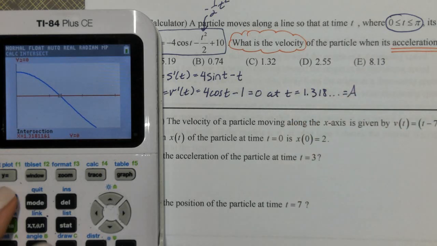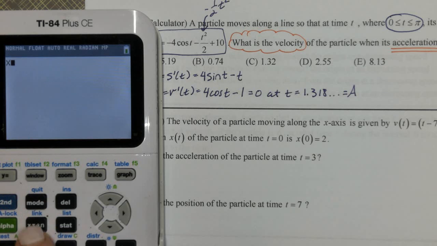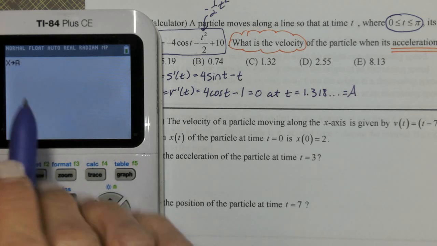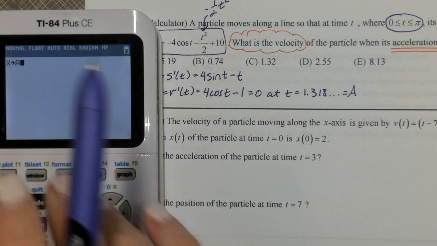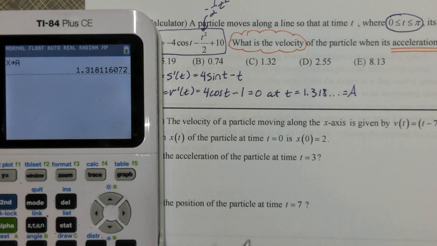So I'm going to go to my home screen, store that x value in for a. To get the store button, remember that's above the on button. So now my calculator thinks that that is a.